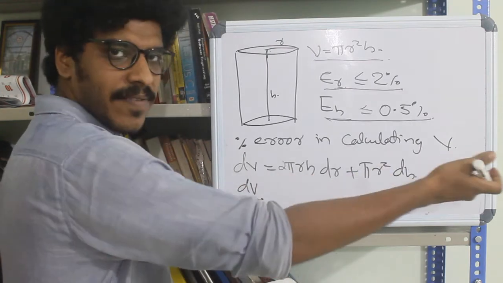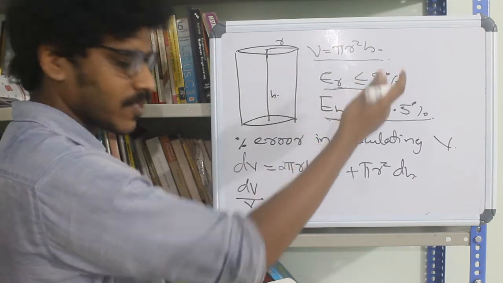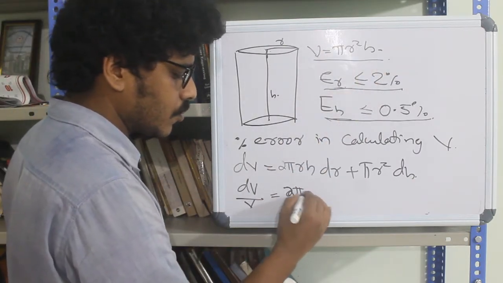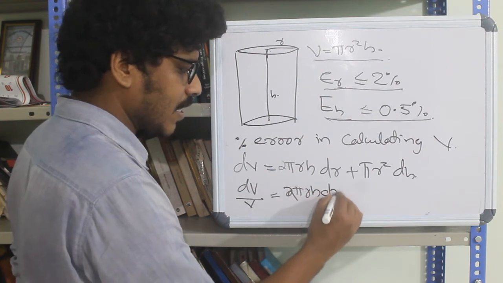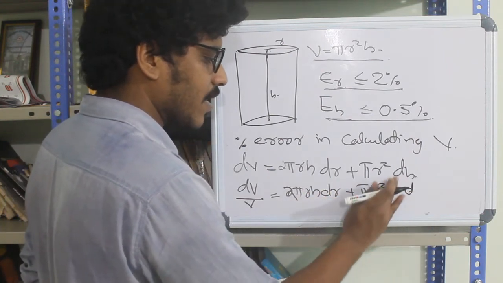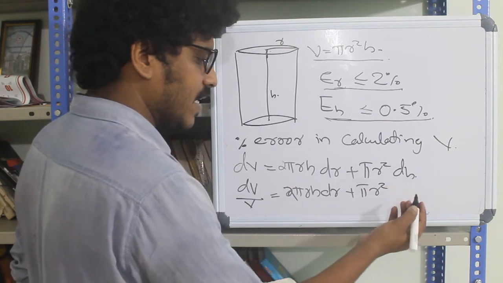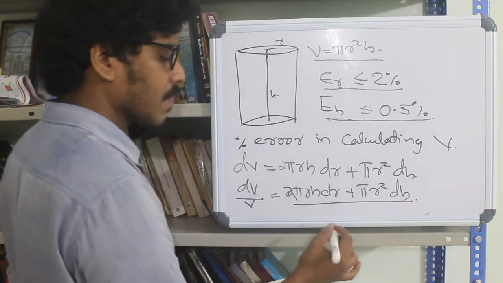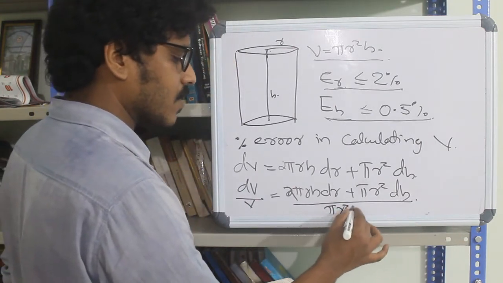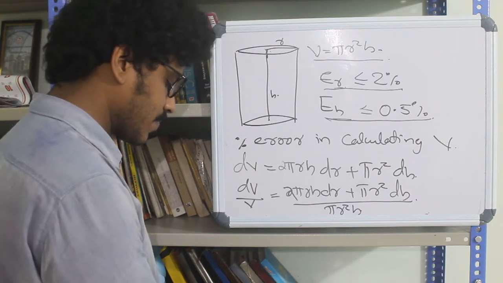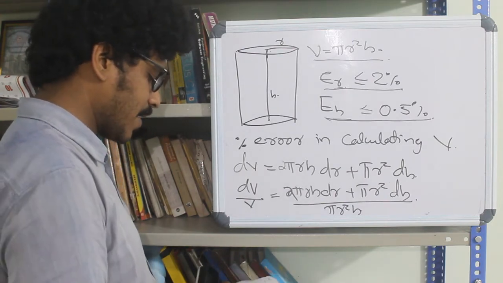The whole expression divided by V. V is nothing but pi r square h. So 2 pi RH dr plus pi r square dh, whole divided by pi r square h. Can we cancel out something? Some non-zero constants? Yeah, we have pi which can be cancelled out.